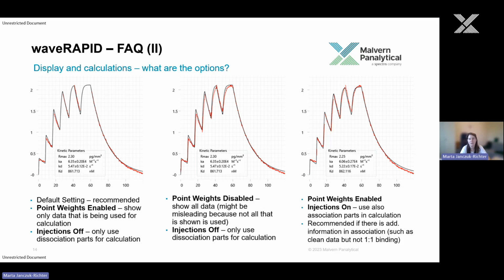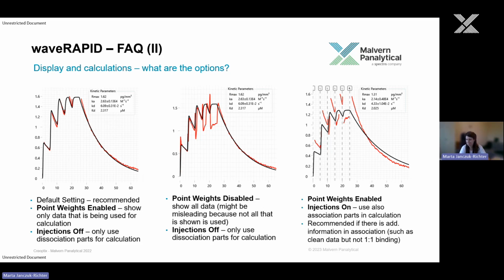However, you need to remember that there has to be no mismatch in this data. So in that case, actually, you can see the parameters are not really different. So either we are using or not using these association parts, we are getting the same numbers.